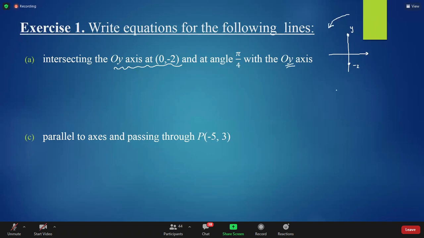From the y-axis, 45 degrees, we actually go there. So in fact, the line would go like this, through the point minus 2 and having this angle 45 degrees with the y-axis. Which means the angle with the x-axis is 3 pi over 4 or 135 degrees.